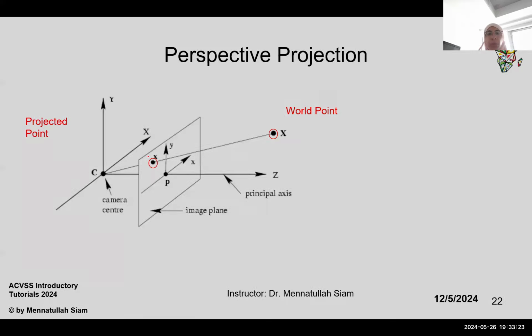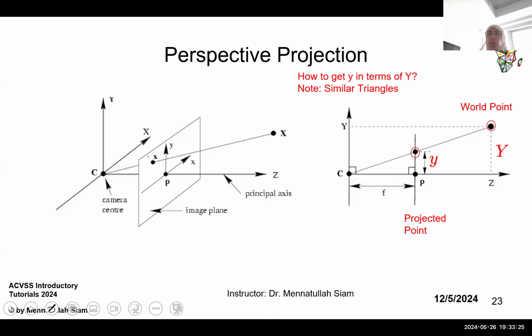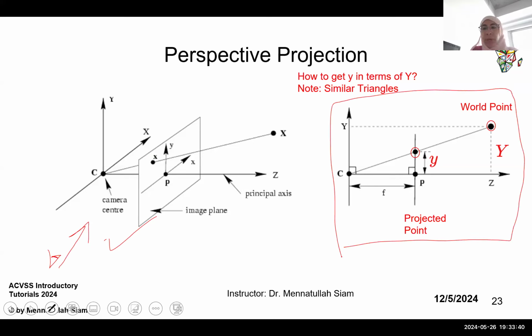This is the world point and the projected point. The first thing, to simplify things, is to look at it from this perspective. I'm just showing you here similarly, but for simplification of the illustration itself.